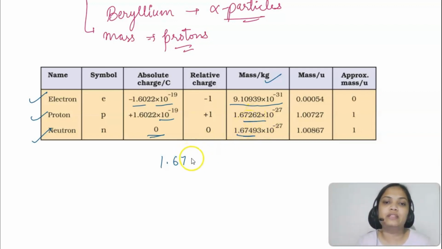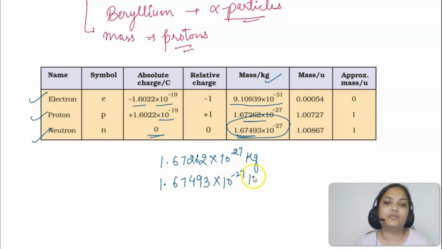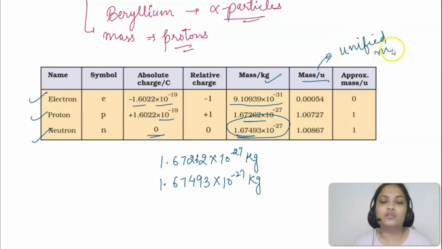So 1.67262 into 10 to the power minus 27 kilograms, it's for proton, and for neutron slightly more. You can see 1.67 is the same, then it's 493 into 10 to the power minus 27 kg. So it's approximately equal. If we take it in unified mass, you know what is U, right? Unified mass. So you can see the mass of electron is very less.